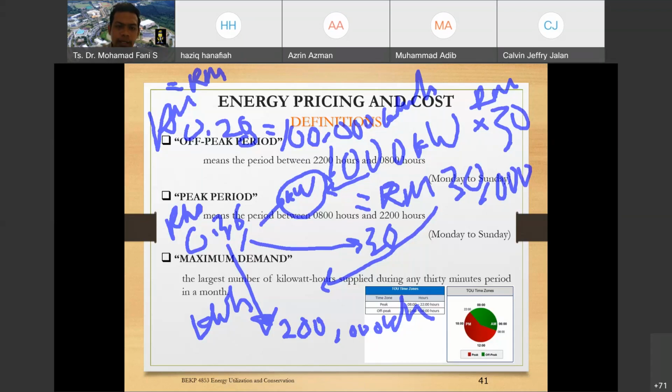So we can get the total price, total cost for the off-peak period. Okay, Shafiq, good. 20 RM, 28K, okay. So RM 28K for the off-peak.